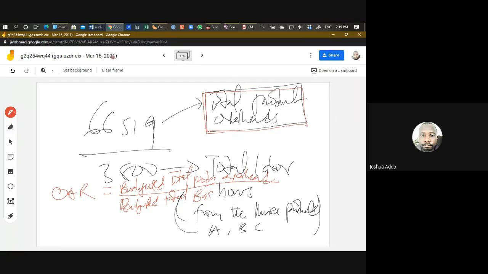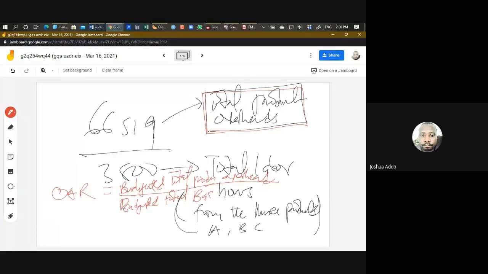This approach of estimating the overhead charge to a product through budgeted total production overheads and budgeted total basis produces another complication, which is called over absorption of overheads or under absorption of overheads.